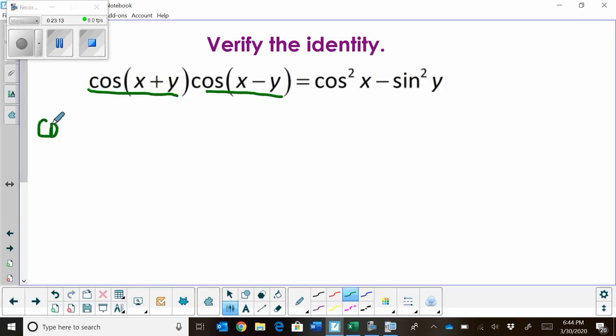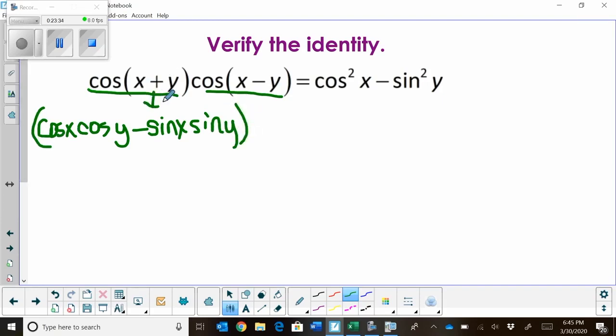So cosine of x plus y is going to be cosine x times cosine y, and it's always the opposite sign, sine x and sine y. Okay, so there's my first one.